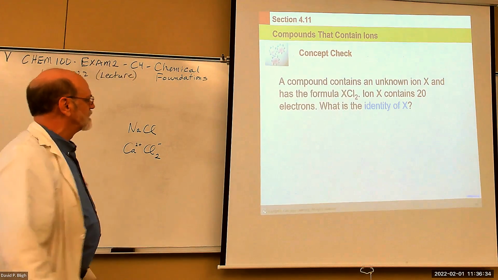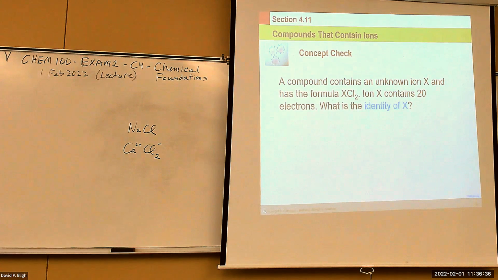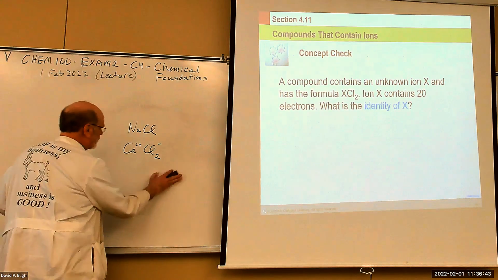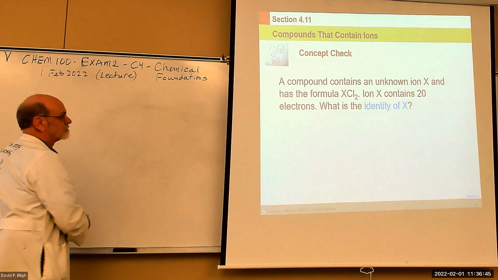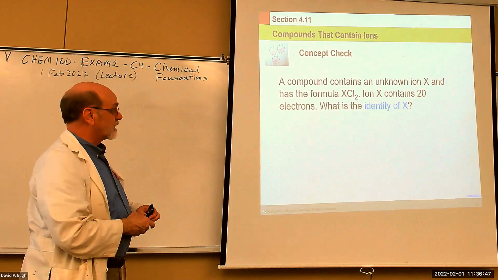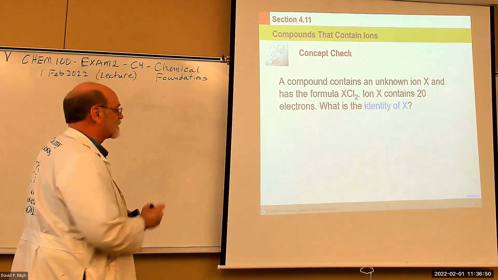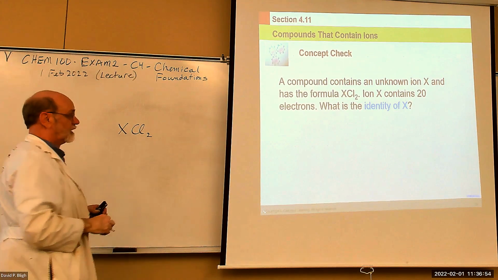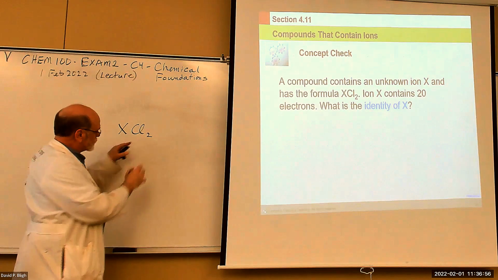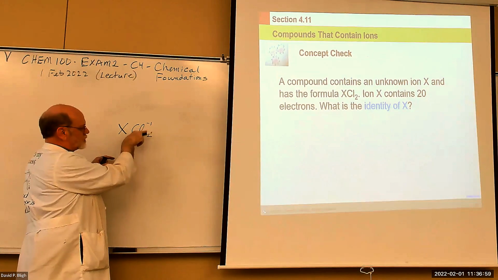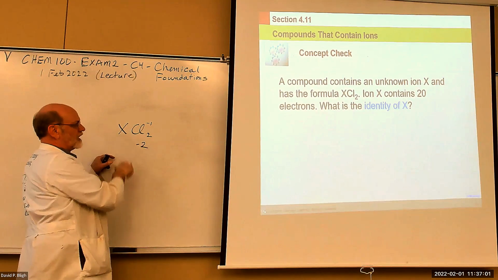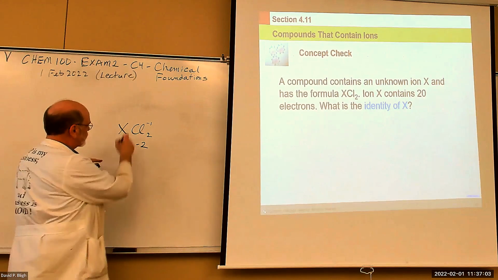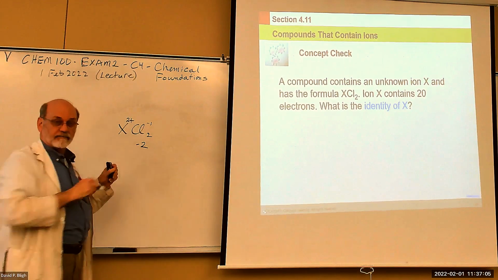Let's see. How am I doing on topics? Oh, just about done. So if we have this compound, it contains an unknown ion X with chlorine, XCl2. In that case, we know that since chlorine is a -1 charge, -2 total, that means this one has to be a 2+ charge, doesn't it?